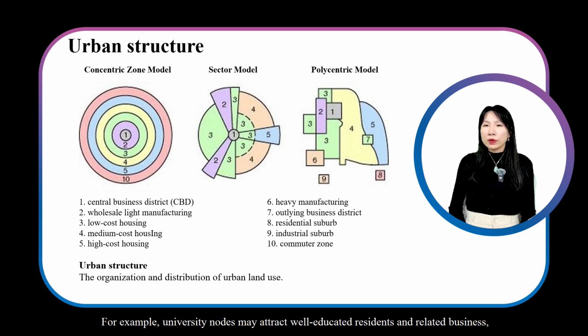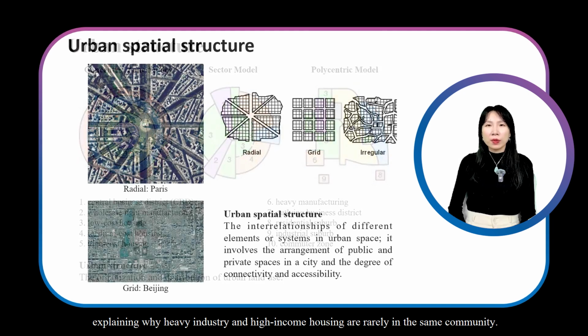For example, university nodes may attract well-educated residents and related businesses, while airports may attract hotels and warehouses. Therefore, incompatible activities avoid gathering in the same area, explaining why heavy industry and high-income housing are rarely in the same community.